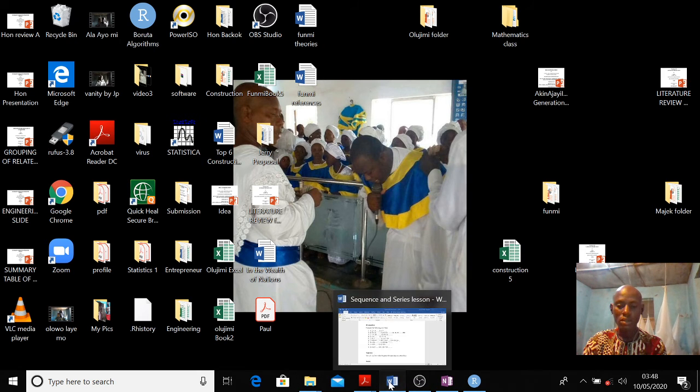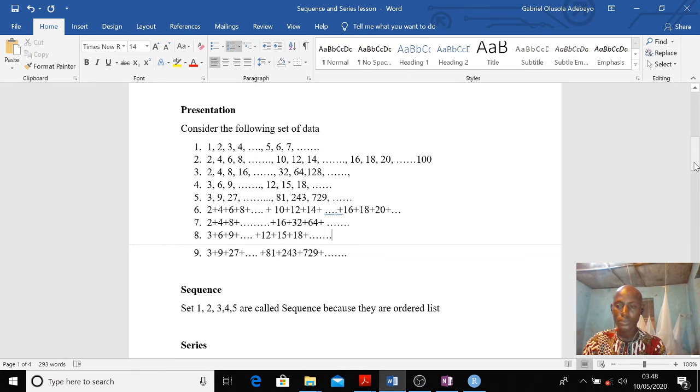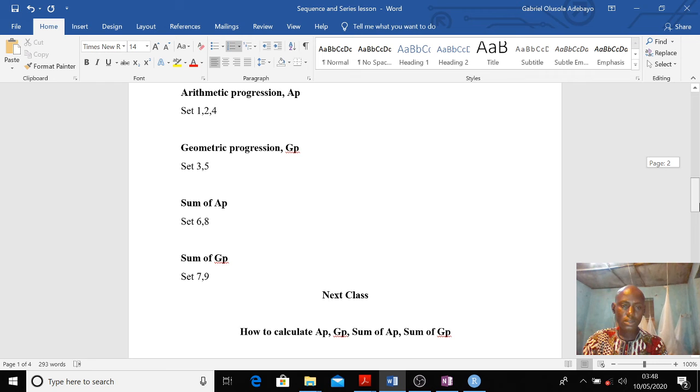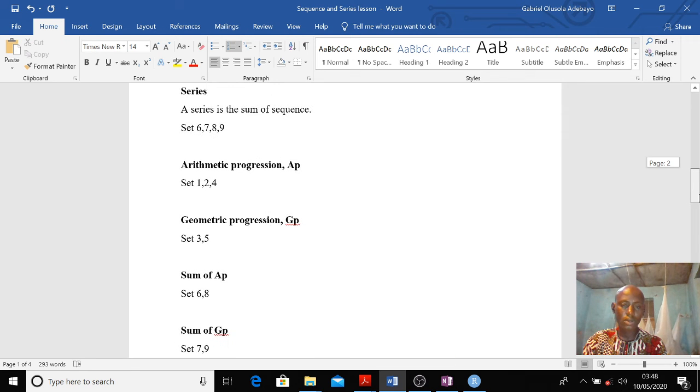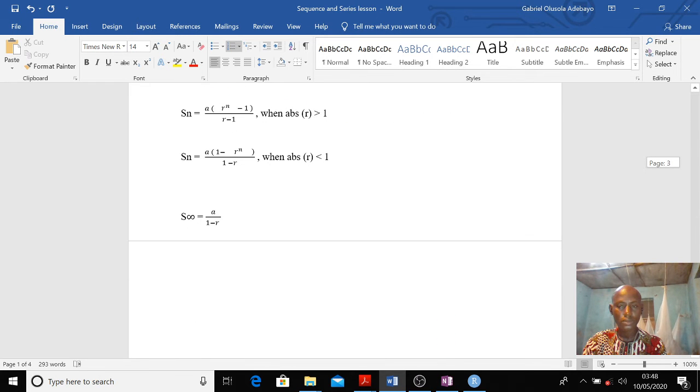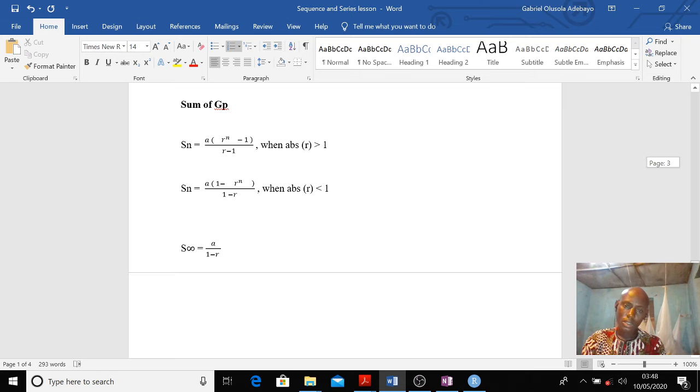Okay, sum of GP. When our absolute value of r is greater than 1, we use this first formula. When it is less than 1, we use this formula.